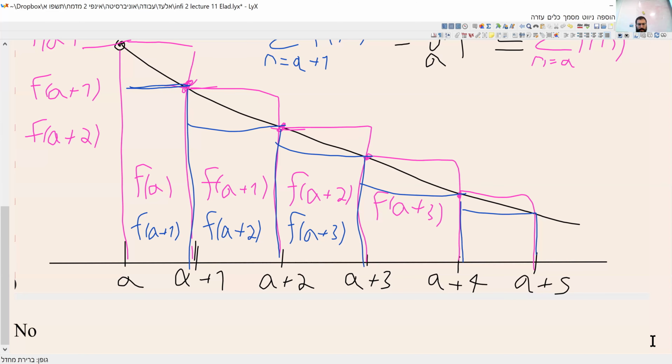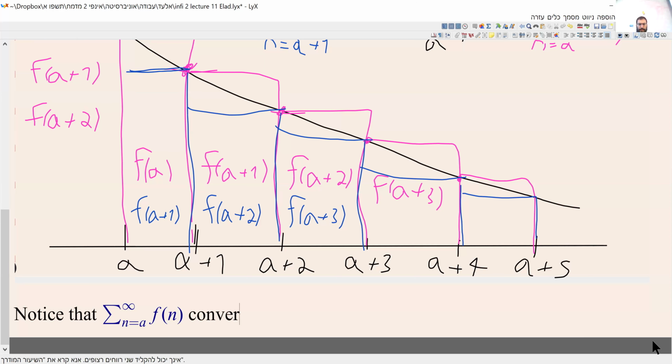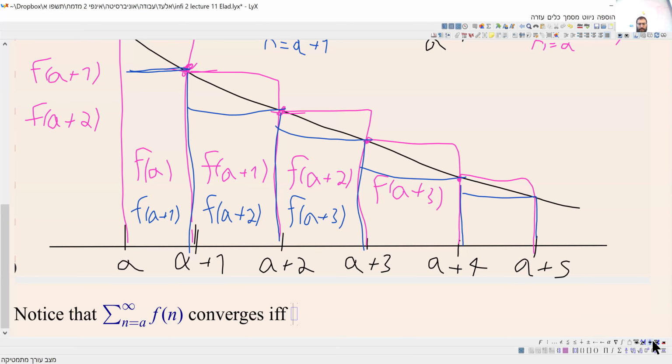Notice that the series from A to infinity of Fn converges if and only if the series of Fn starting at A plus 1 converges.